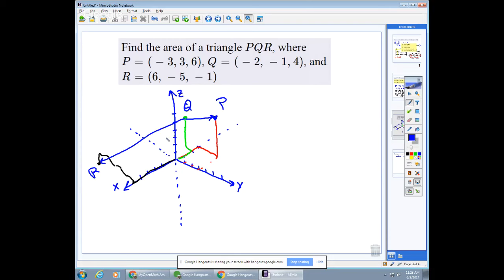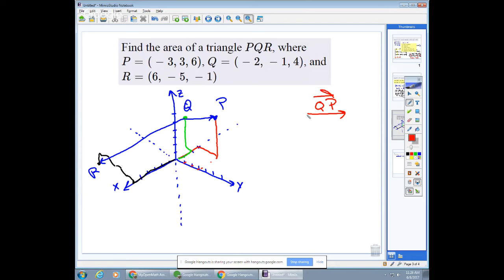Once I have those two vectors, does anybody remember what operation on those vectors gives me area? The dot product, excellent. So what the dot product does, if we take the plane those guys live in, so let's make believe we're looking straight down on the plane. I'm going to have this vector over here called QP.